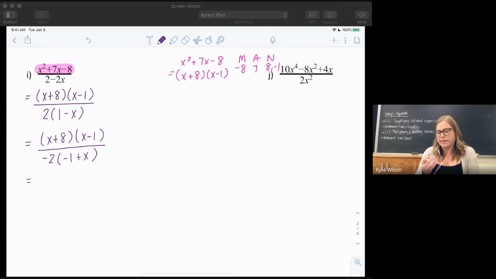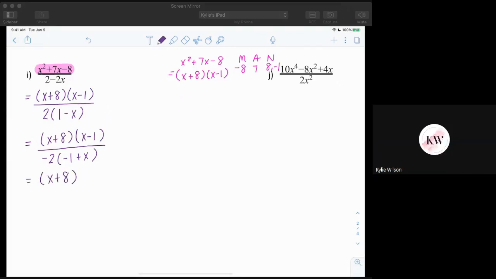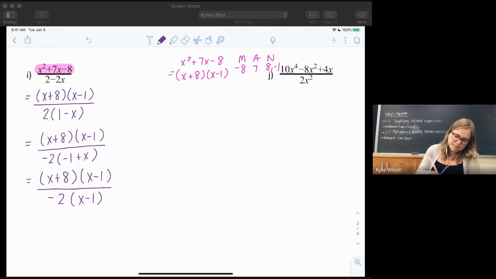So now that little bracket, I can rewrite it like this. Sometimes that's a strategy that you can use. Sometimes it works, sometimes it doesn't, but it is a really beneficial strategy because now I do have matching brackets that I can cancel. So I can cancel this and I can cancel this, and I'm left with x plus 8 all over negative 2.